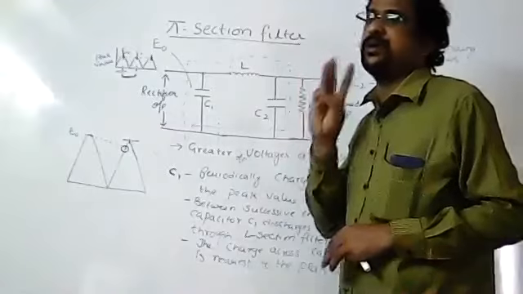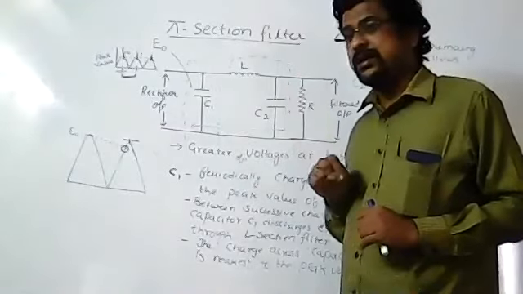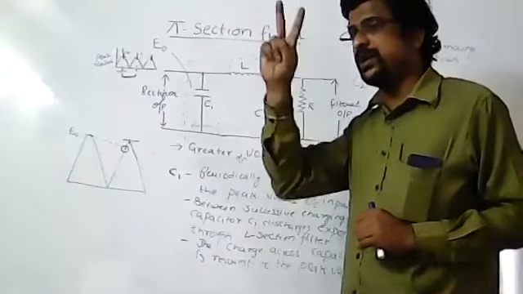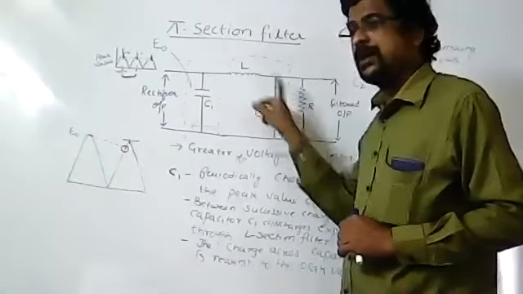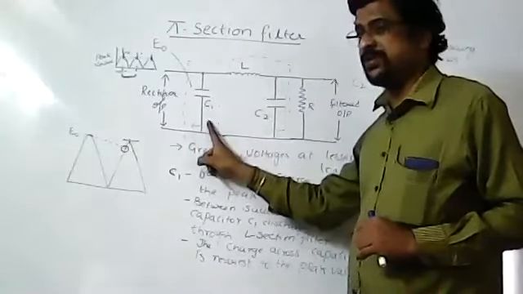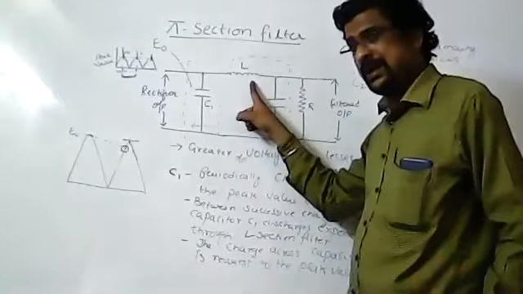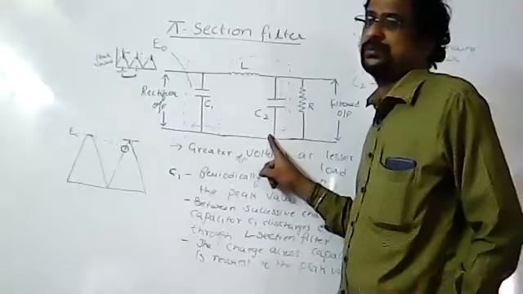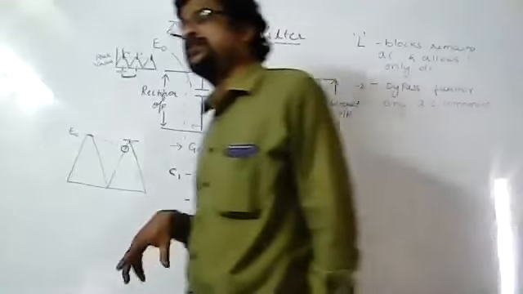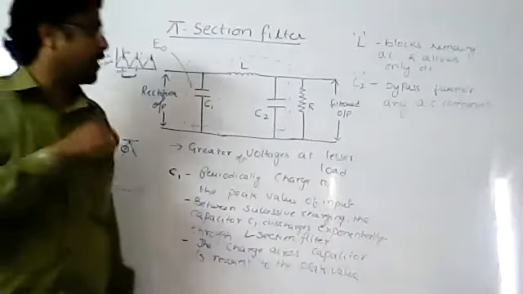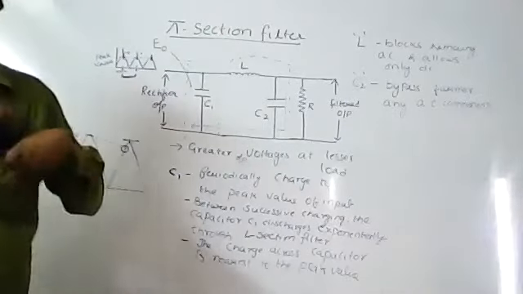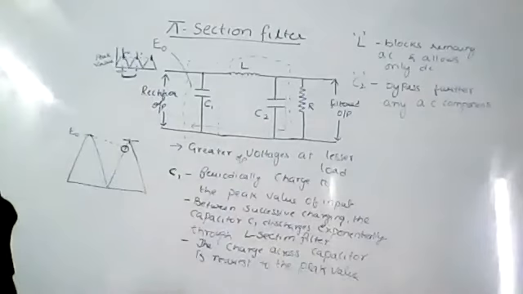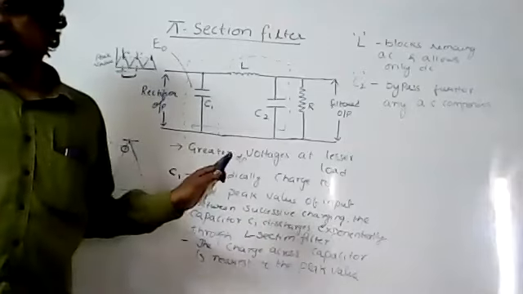So you are doing three filtrations, whereas in the L section filter you are doing two, combining only an inductive filter and a shunt capacitive filter, filtration by L and C. But here filtration is done by C1, then L, then again C. The complete AC components are removed at the output.